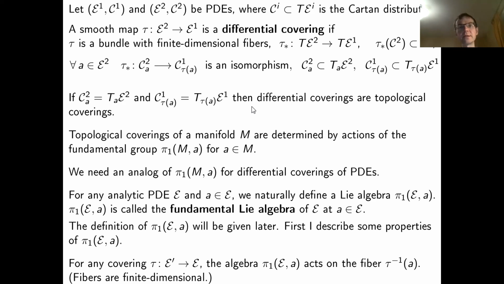Then tau is a bundle which is an isomorphism of tangent spaces, and such a bundle must have discrete fibers, so it will be a topological covering. So in the degenerate case, these differential coverings are topological coverings.